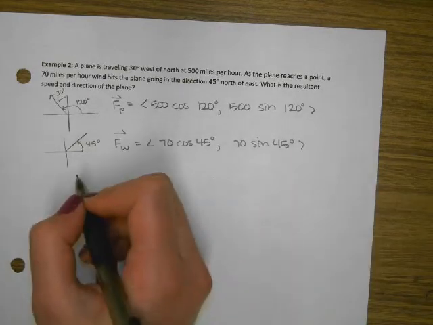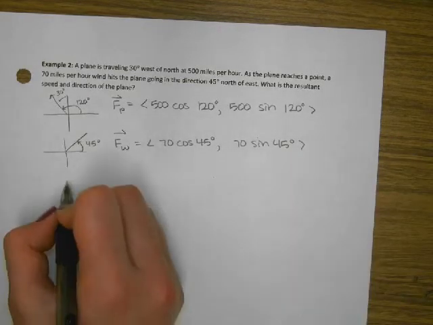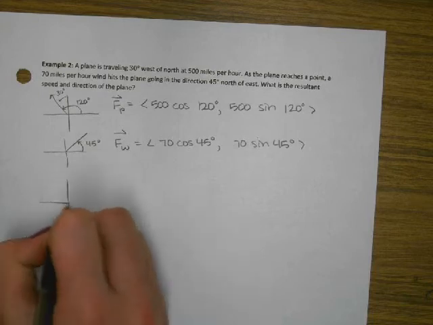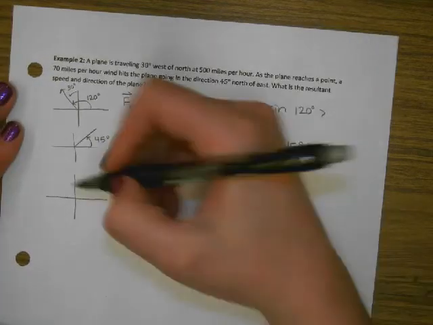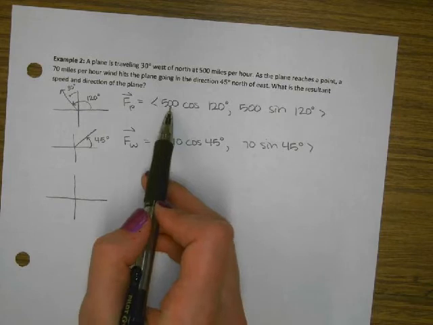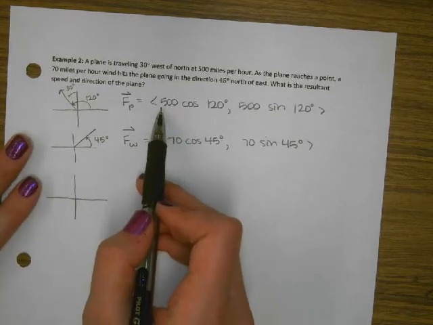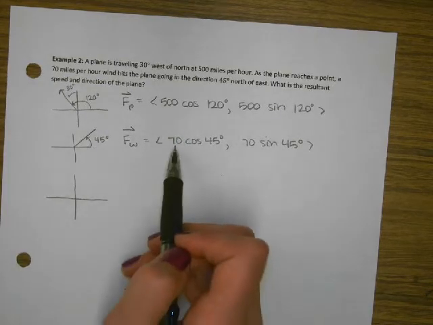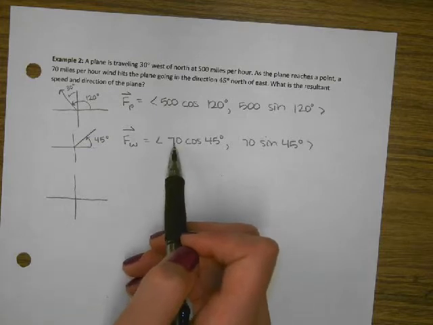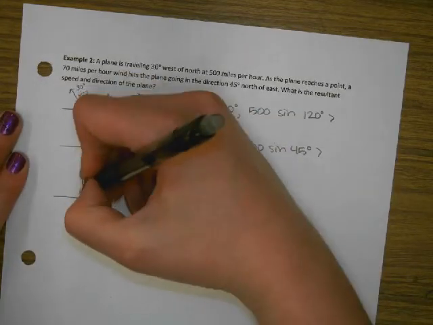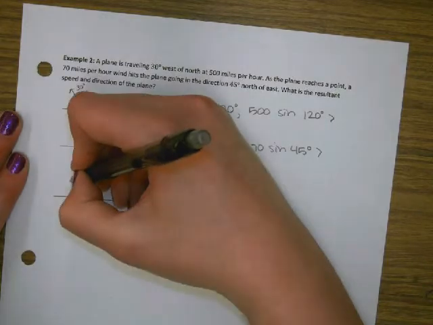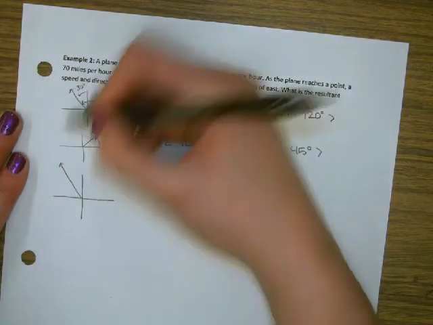And so now if we consider both of those things happening at the same time, I'm going to go ahead and draw this picture. If you can picture, the length of this vector is 500, right? Because magnitude and length are the same thing. The length of this vector is only 70. So when you draw it, kind of draw that in comparison. So here's my 500 length going in the angle it was supposed to.